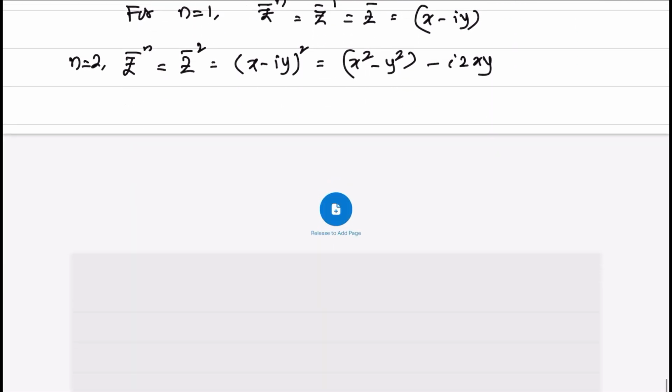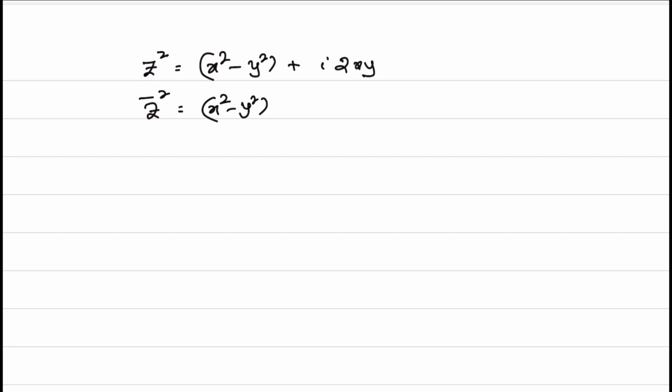That means z square is equal to x square minus y square plus i into 2xy, and z bar square, that is conjugate square, is equal to x square minus y square minus i into 2xy.